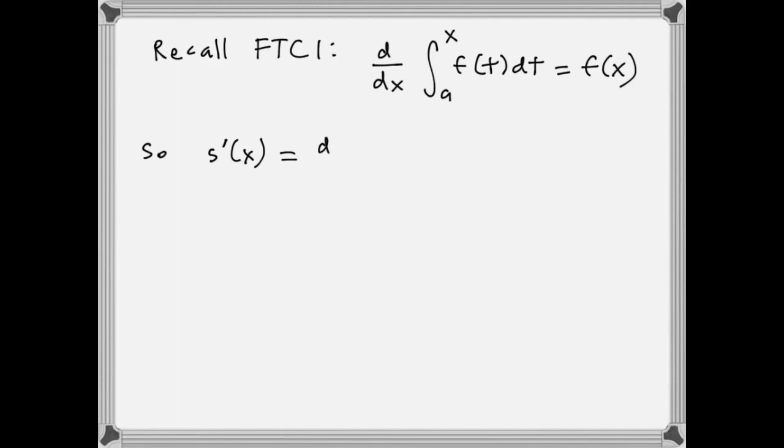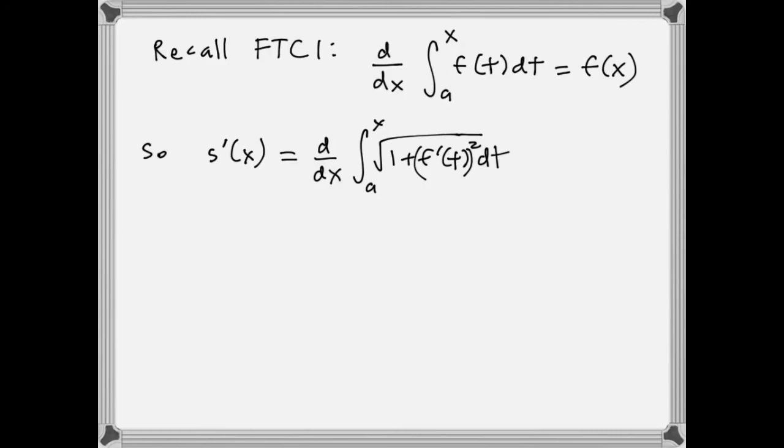This means that we're taking the derivative of the length from a to x of the square root of 1 plus f prime of t squared dt, right? What would the derivative be?